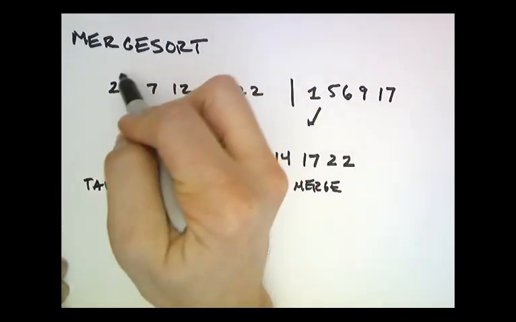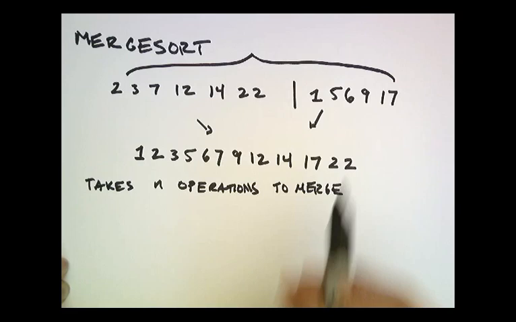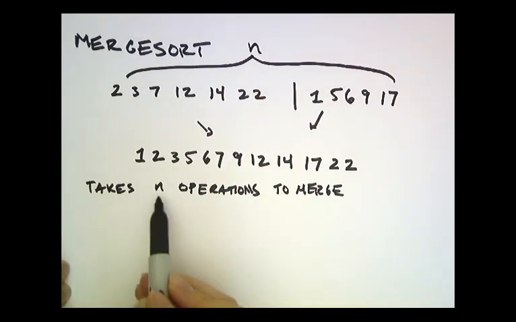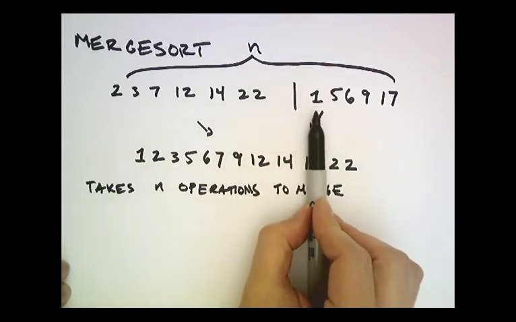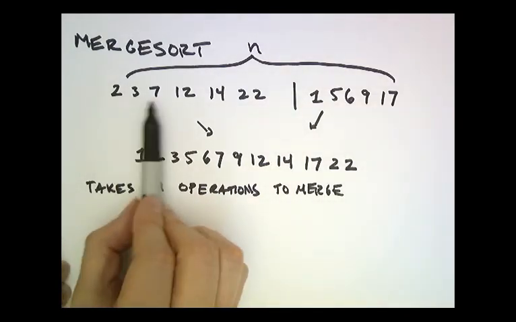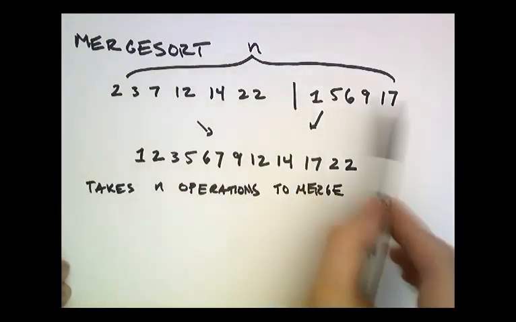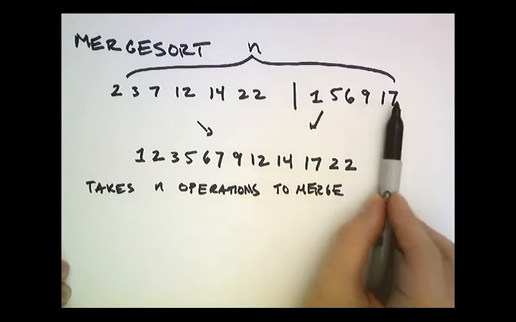If the length of both of these lists together is n, then it's going to take me roughly n operations to merge. And by an operation, I mean looking at what number is above one of the pens and advancing a pen. So I advance each pen. The total number of times I advance the pens is n, because this one will get to the end of its list, and this pen would get to the end of this list.